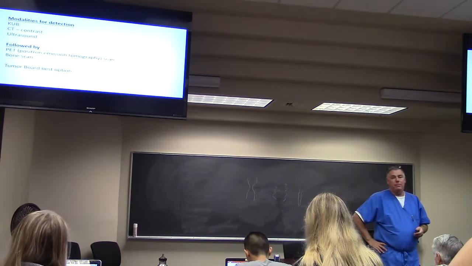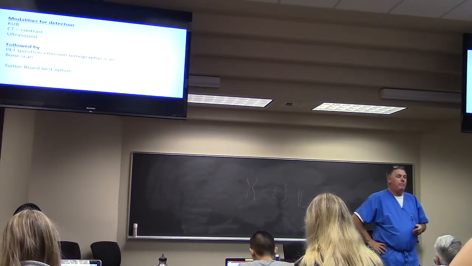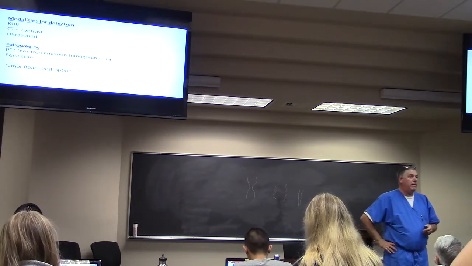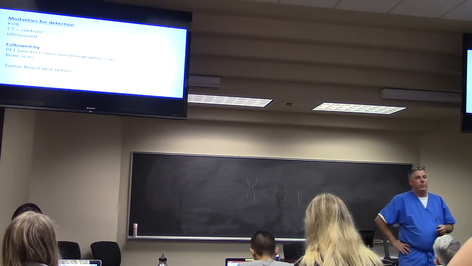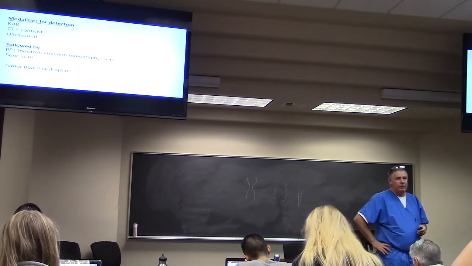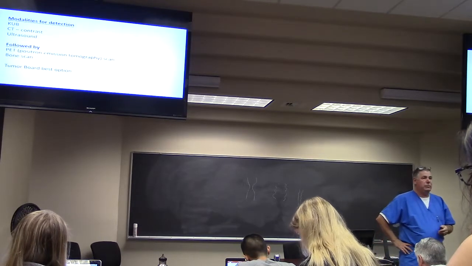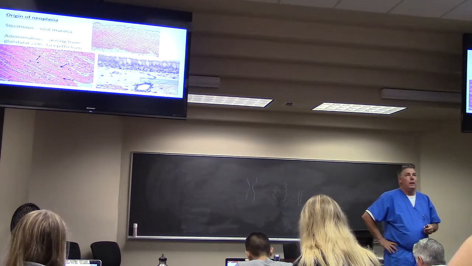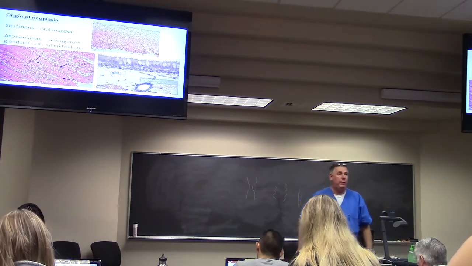If you're dealing with neoplasia of the GI tract, in management of that, taking your case to a tumor board probably gives you the best chance for survival in terms of how to treat these malignancies. And most of these are malignancies that we're going to be talking about. The origin of neoplasia comes from basically two different places.